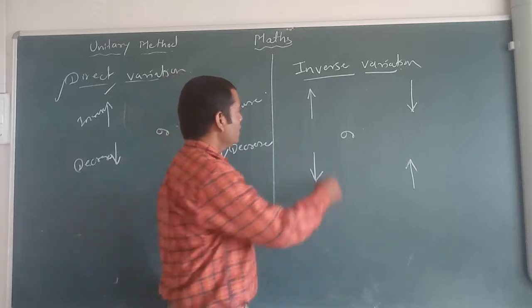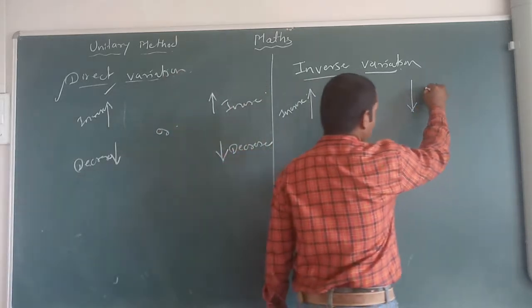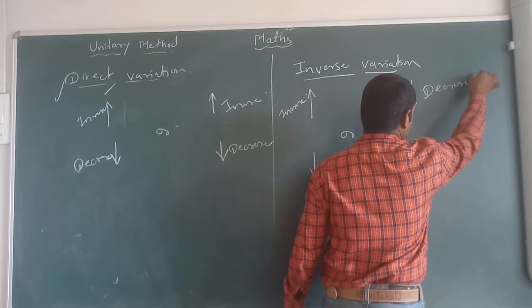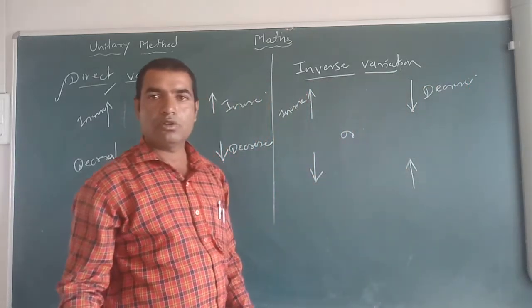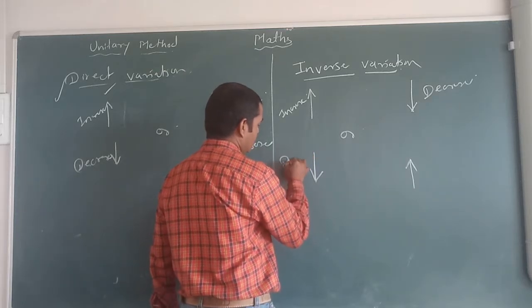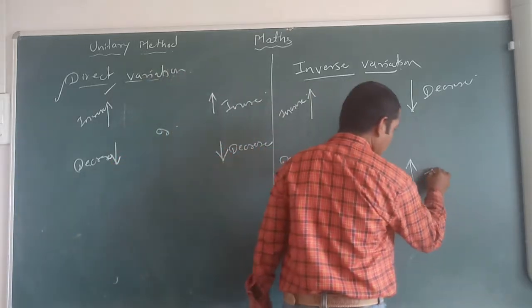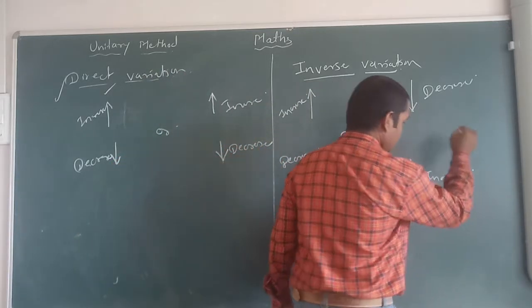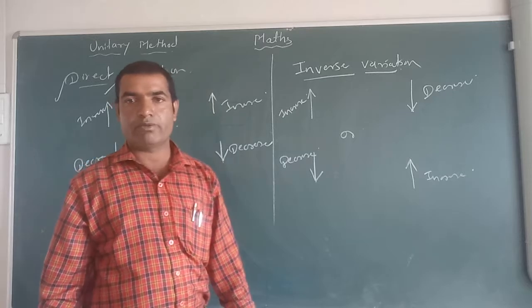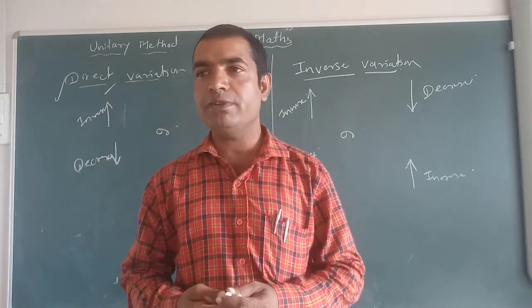In inverse variation, if one value increases, there is a decrease in the second value, or if the first value decreases, there is an increase in the second value. Okay.